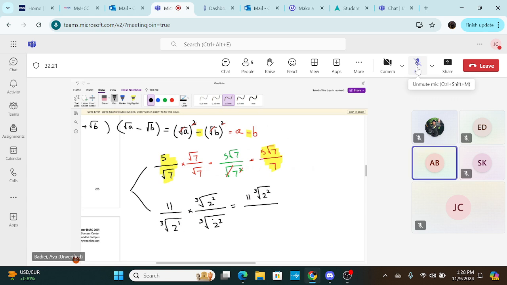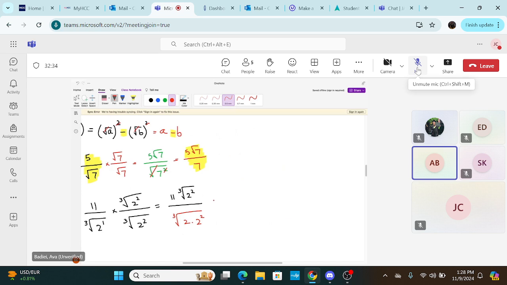Down here, again, you're multiplying the radicals. Write down a big radical sign. Multiply 2 and 2 to the power 2. This becomes cube root of 4. Down here, you're going to have the cube root of 2, add their powers, 2 to the power 3.